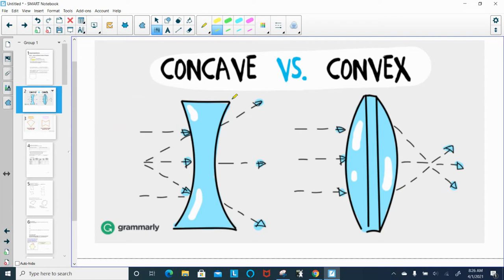If you notice here on the sides, it's curving inward, whereas the convex one is curving outward. And so that's really the difference between concave and convex when you look at a shape.